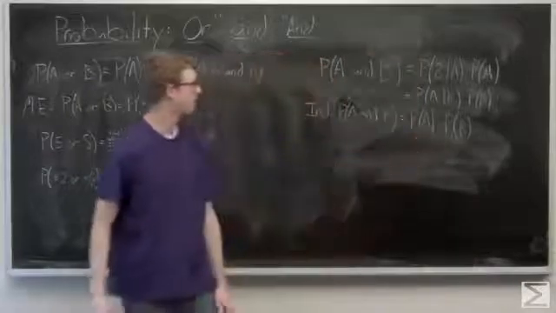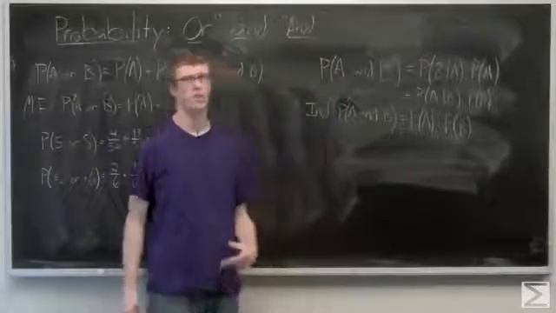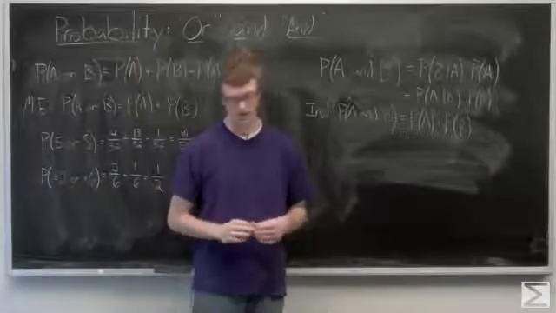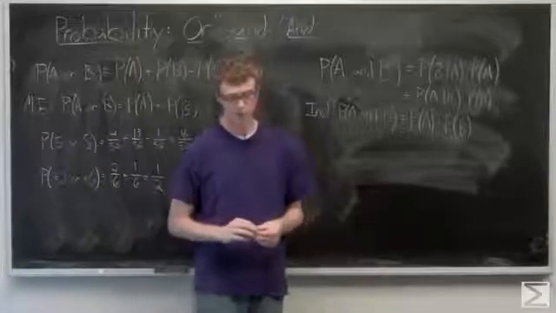So for independent events, the probability of A and B is just the probability of A times the probability of B.